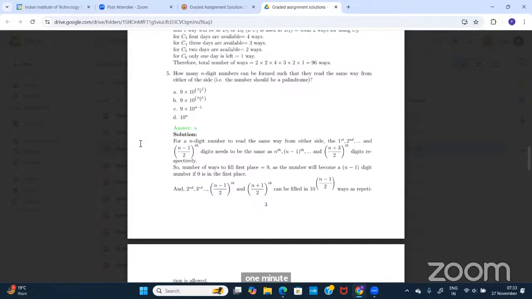So for the first place, we will be having only 9 options because we cannot fill 0, right? Because we have to make a 21 digit number. Yes, ma'am. So for the first place, we will be having 9 options. Then for the second place, we will be having 10 options.